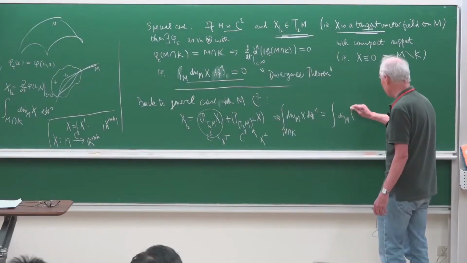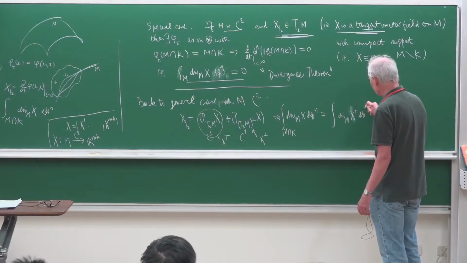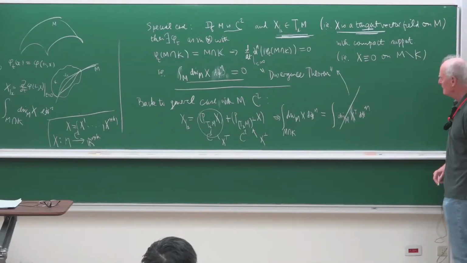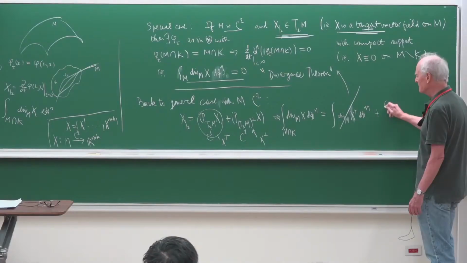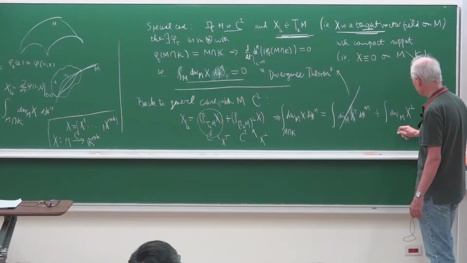So div_M of x_T dHn, that's 0 by this result up here. And the remaining bit is div_M of x_perp dHn. So let's see if we can work out div_M of x_perp.